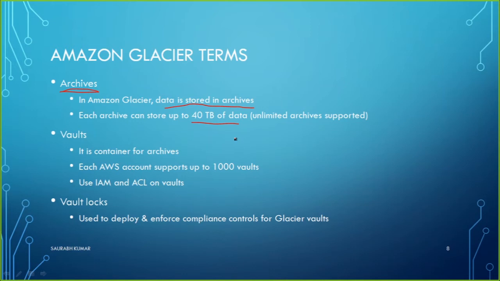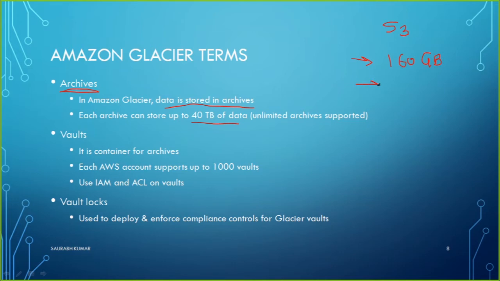One archive means, again I'm repeating, it's like a single file. So a single file can be how big? 40 TB. If I compare with Amazon S3, how big a single file does Amazon S3 allow you to upload? If you are using the console, it allows you up to 160 GB as a single file size.